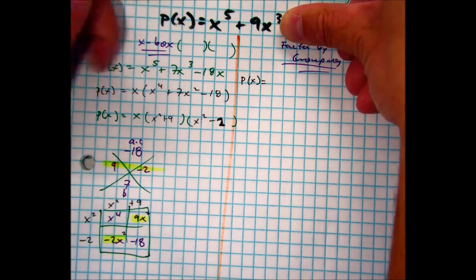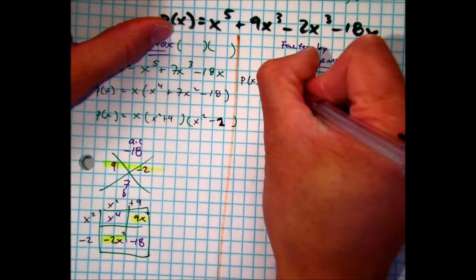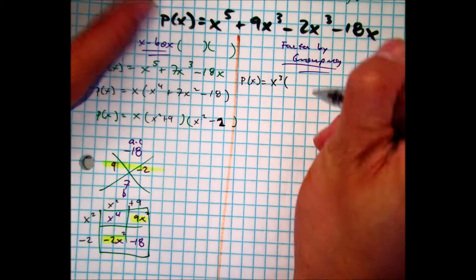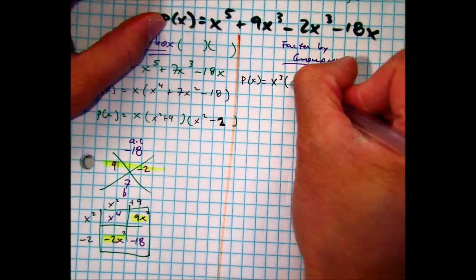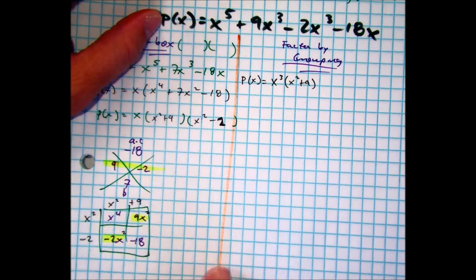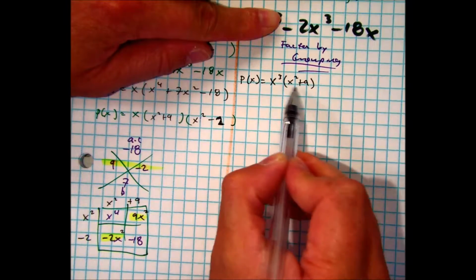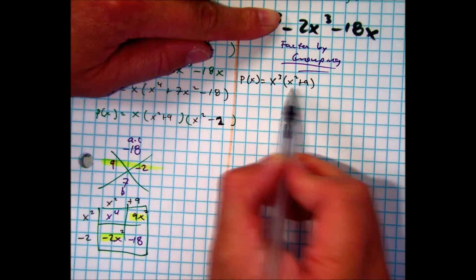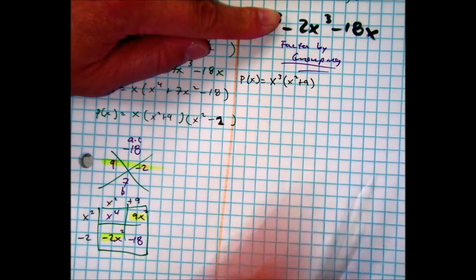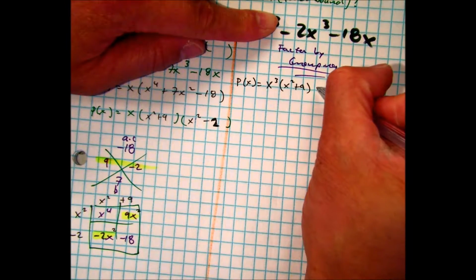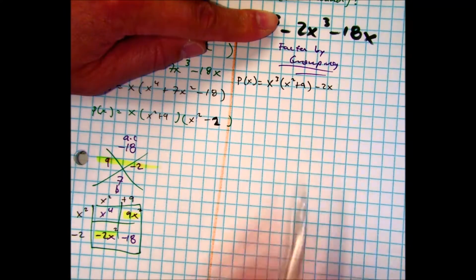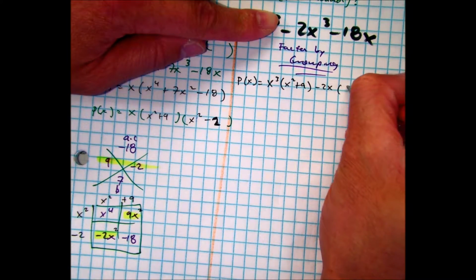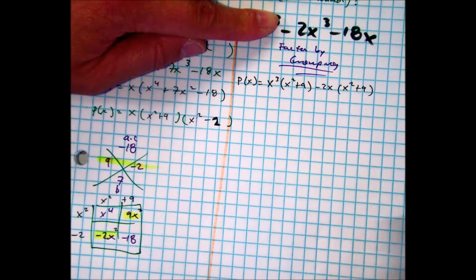X to the third. X to the third times x squared plus 9. Okay, here's your hint. I want x squared plus 9, right? What's your GCF? Negative 2x. So then what do I get? X squared plus 9.